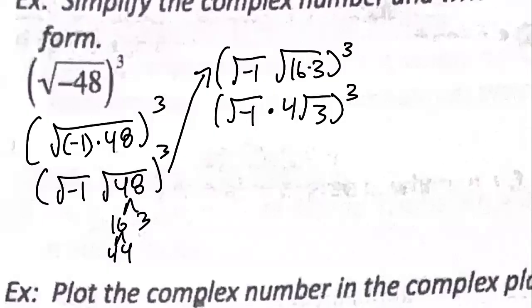So we have two twos. Yes, exactly. That's the way I teach Math 1 and even some Math 2. It's a good way to start looking at it. It's honestly the best way to start, and then eventually when you get to higher level math, you've got to look at the patterns. For some students, it takes a while. So that's where I just write it as 16 times 3, because I know I can take the square root of 16, and 3 is already a prime number and I can't take the square root of that.